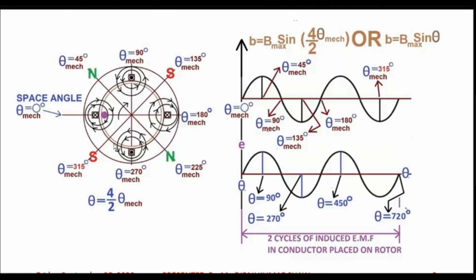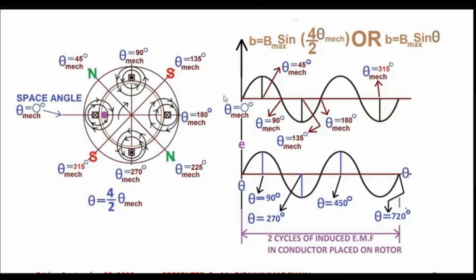So mechanically you have moved by 360 degree, but for that movement along the air gap periphery, you would find that there are two positive peaks and two negative peaks, because north-south will give you a positive peak and a negative peak, then another pair of north-south will give again a positive peak and a negative peak. So you get two positive peaks under the two north poles developed on the stator core, and two negative peaks under the south poles developed on the stator core.